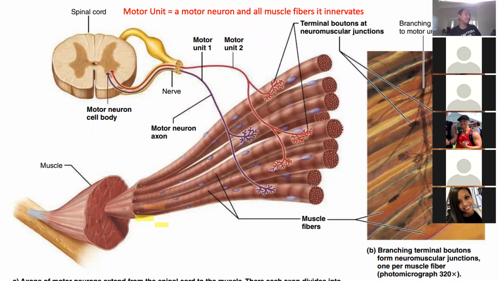And this is a diagram of a motor unit. So if we look at that, this is our spinal cord. This is anterior, and here will be posterior of the spinal cord. This is the right side. This is the left side.